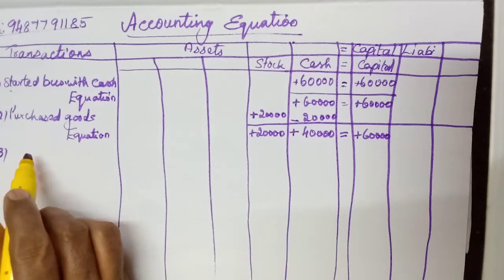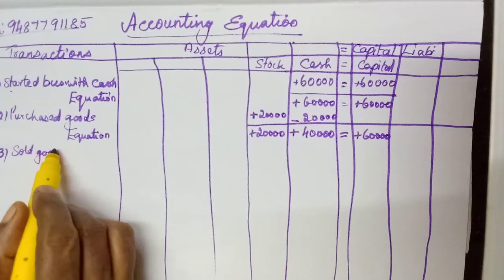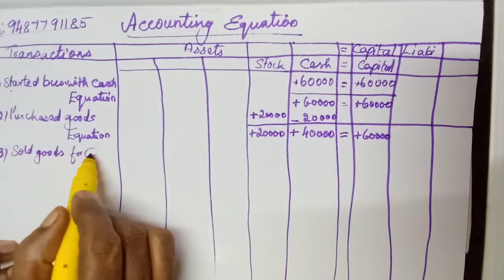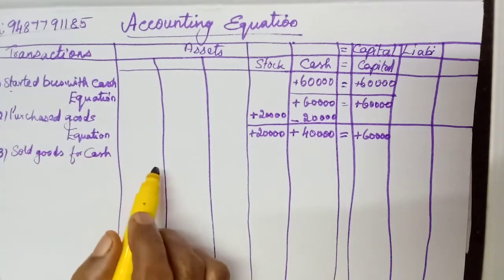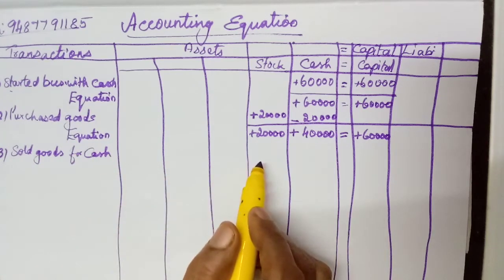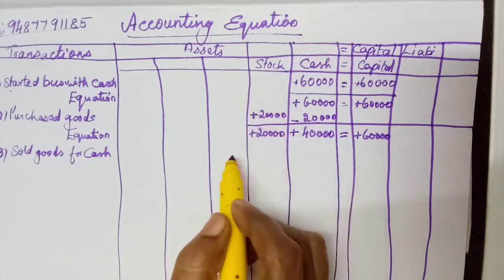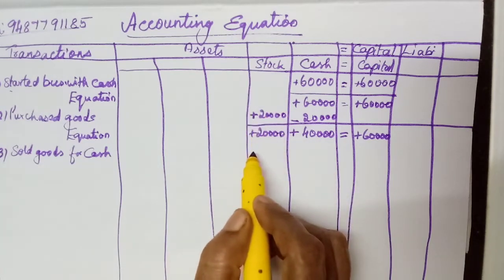Then the third transaction. Sold goods for cash. Here, costing 10,000, we are selling for 15,000. So costing means, what is that? Goods sold means it will reduce the stock, isn't it?